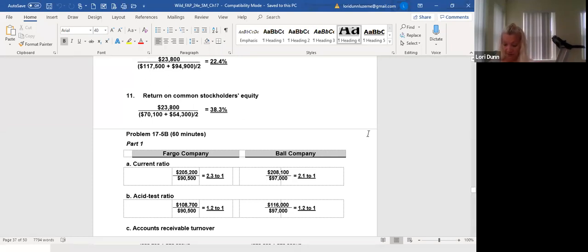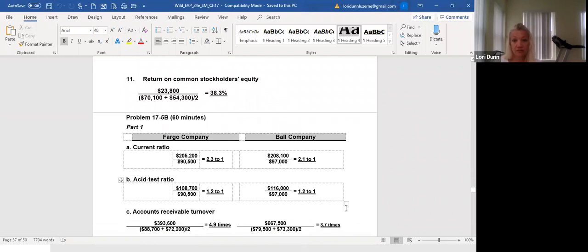We took Ball Company's cash and accounts receivables, added them together, 36.5 and 79.5, 116, and then divide by the 97,000 in current liabilities. So they're equal. Remember, asset test is now just focusing on really liquid current assets. Current ratio, all current assets. Any questions?